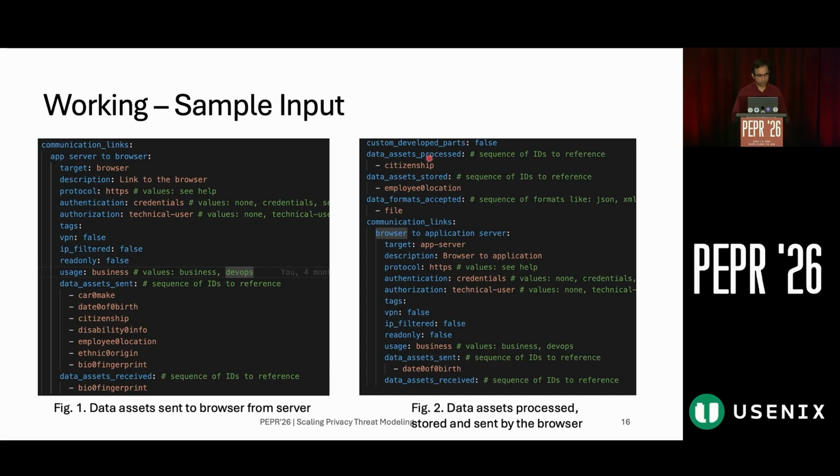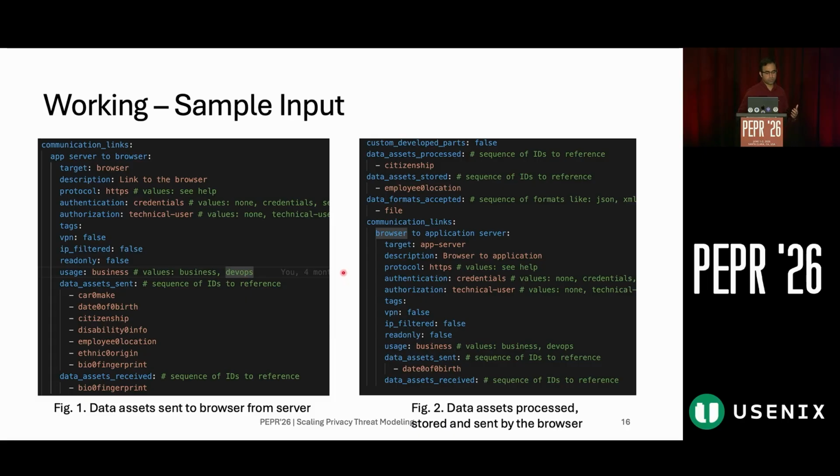The browser information is given in the right-hand side YAML representation. Here you can see that it is processing citizenship, it is storing employee location, and then it is trying to send back the date of birth to the app server.